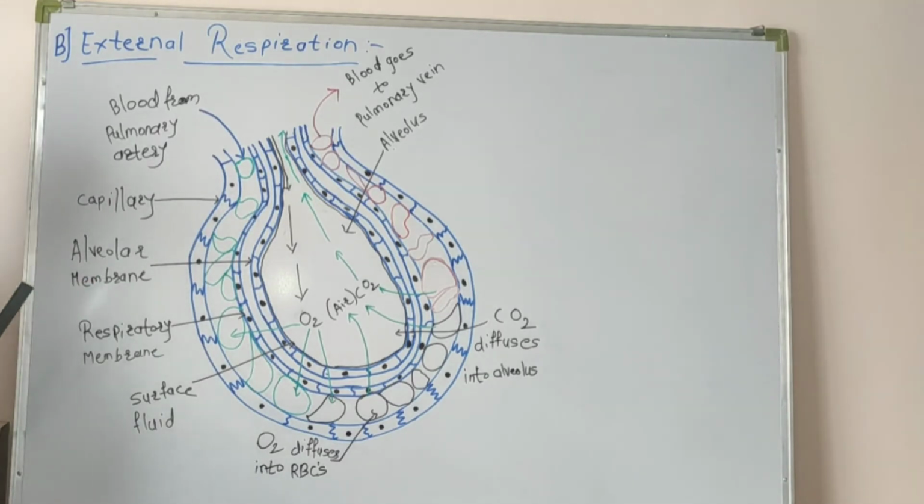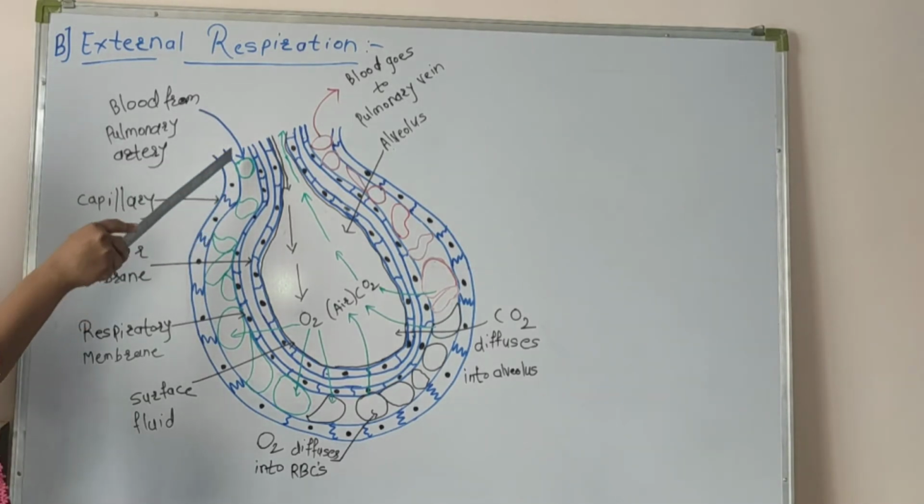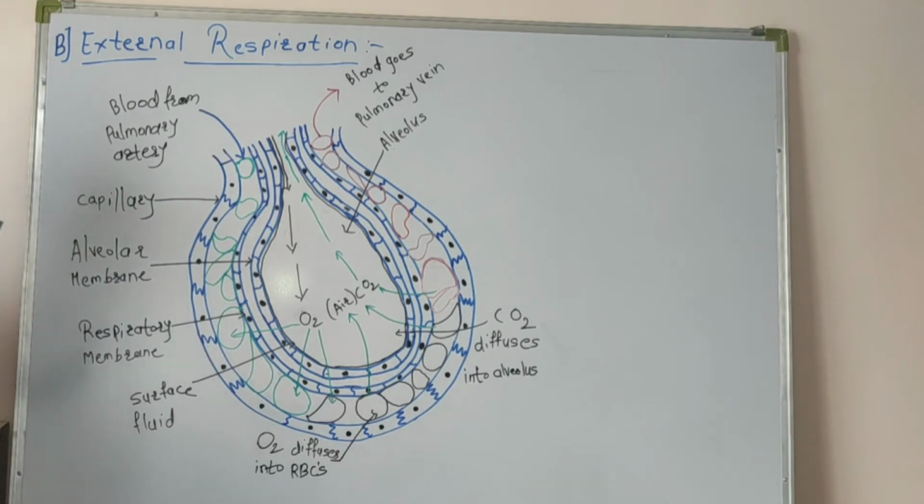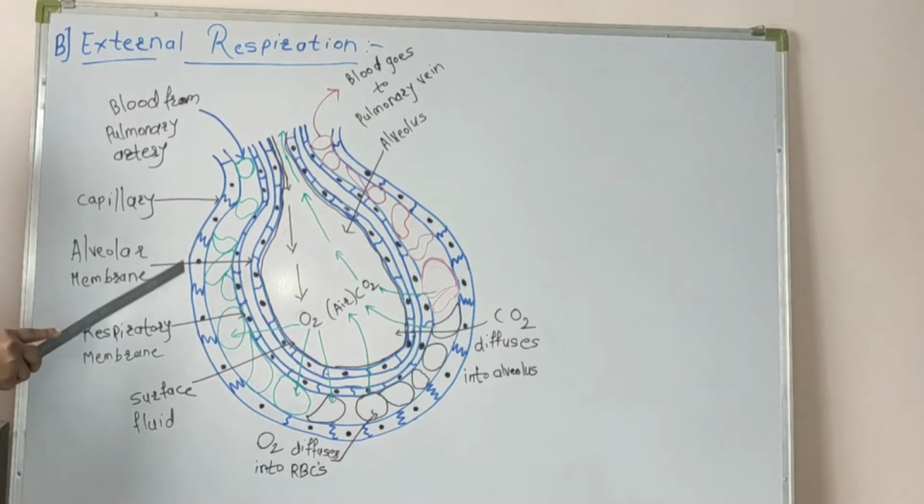Basically, the partial pressure of oxygen of the blood in the pulmonary capillaries, that means the pulmonary artery, is only 40 mmHg, but in the alveolar air it is 104 mmHg. So there is a huge difference in partial pressure.